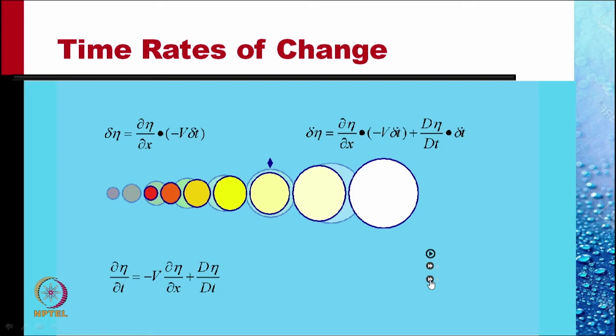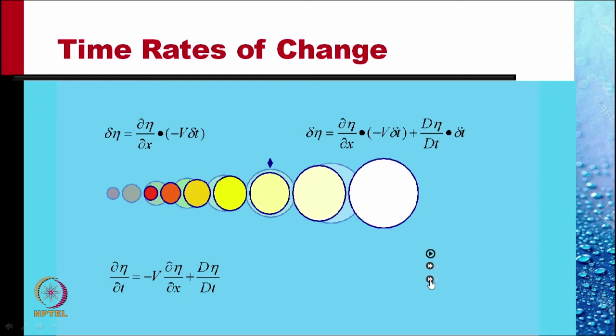We call this the material rate of change. And so the total change in time delta t would be capital D eta by capital D t times delta t. So the total change observed by this observer would be the convective change plus this material change.